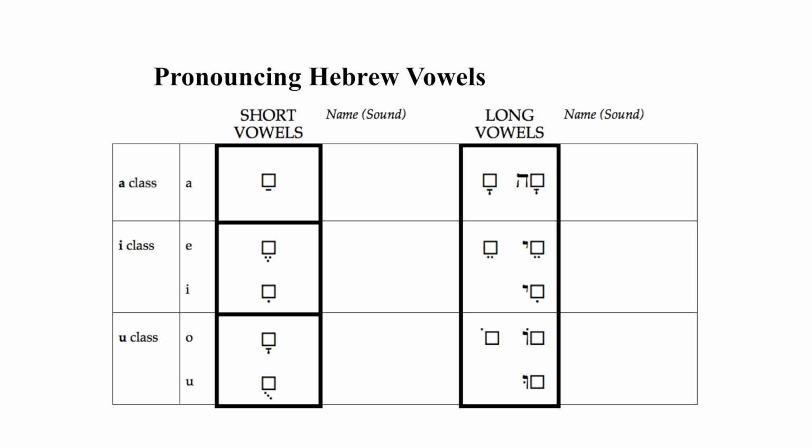So if you look at the diagram, you'll notice that first off we have two A-class vowels, a long and a short. They're both going to be pronounced the same. The pronunciations differ in different traditions, but for our purposes, we're going to pronounce them both as in the word ball, ah.